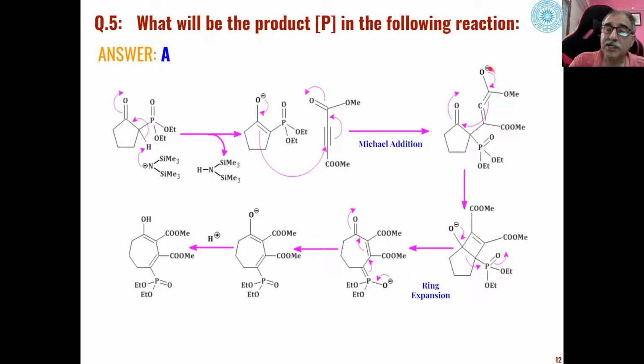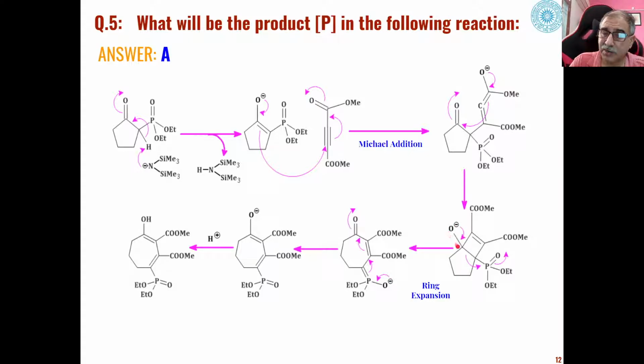And these allene enolates undergo cyclization at this place to give us a four-membered cyclobutene ring. Then this enolate again undergoes reorientation.